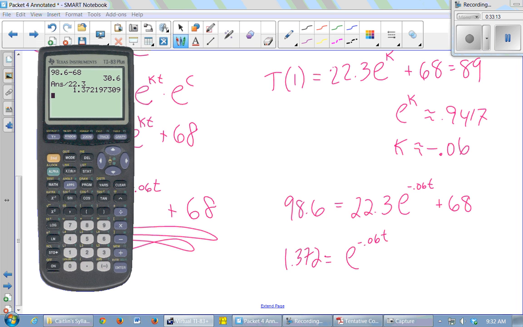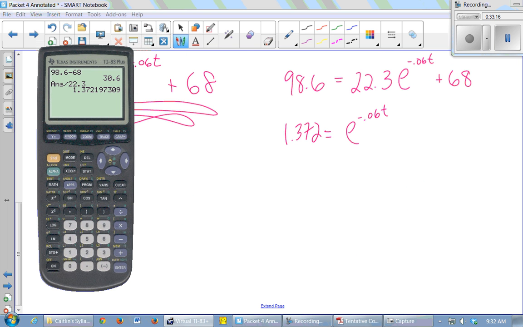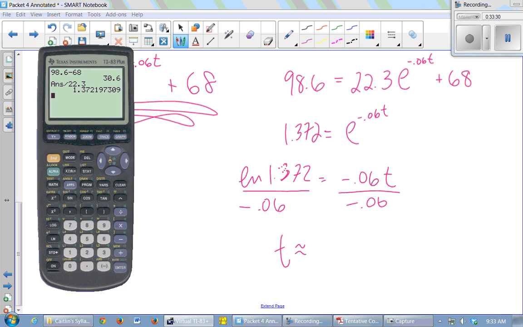Okay, so then I take the ln of both sides. And divide by negative 0.06. And I get negative 5.27.